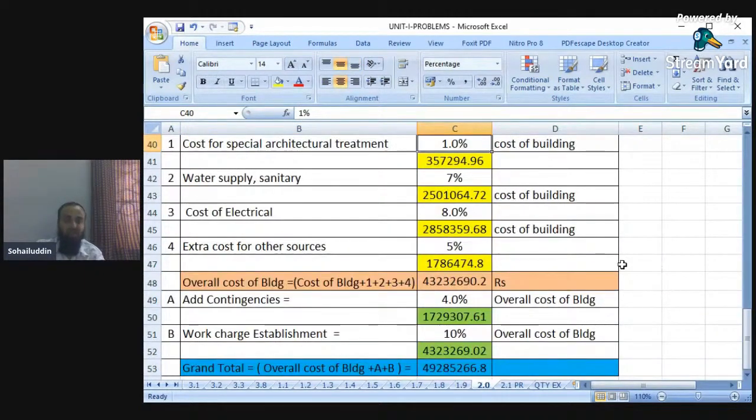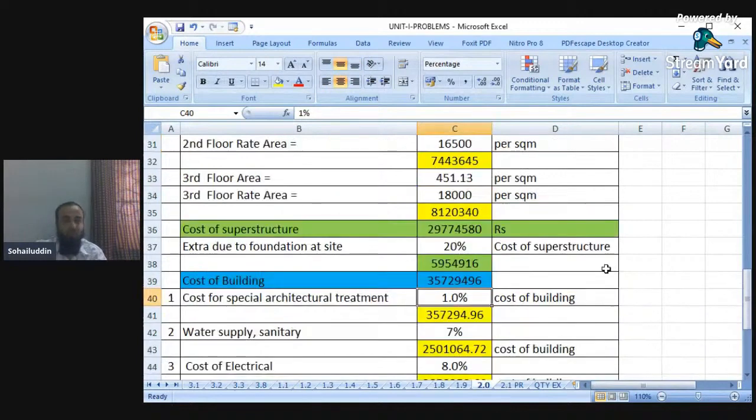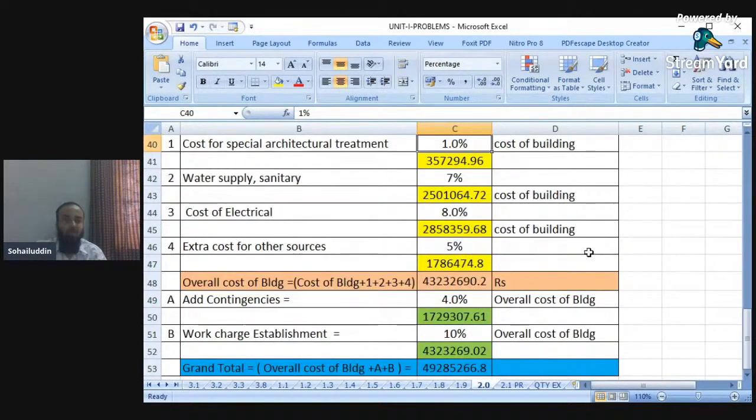Water supply and sanitary has been taken as 7% of the cost of building, and the cost of electrification as 8% of the cost of building. Extra cost for other services has been reserved as 5%, again of the cost of building.